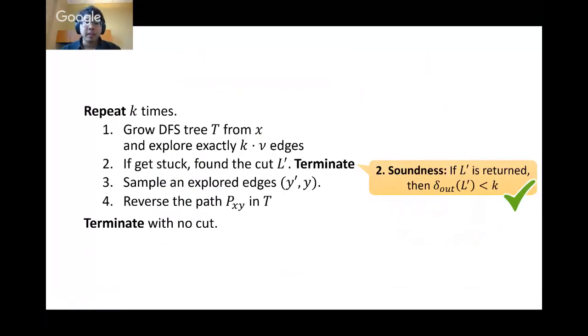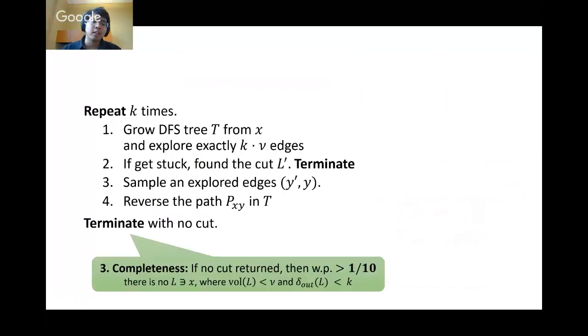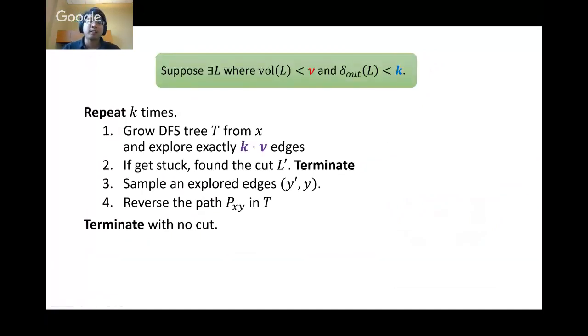For the completeness, we just have to show, right, that if no cut is returned, then there is really no cut L containing S that has small volume and small size. So just suppose that there exists such L, where the volume is small and the cut size is less than k.